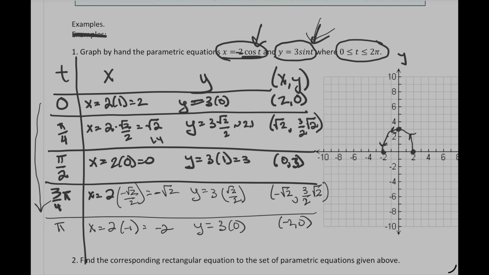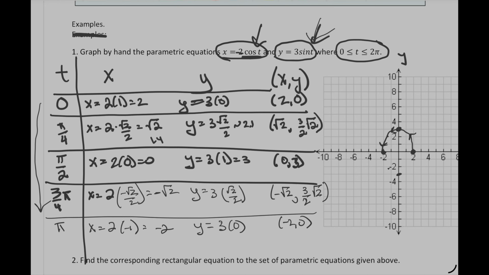Now, if I were to keep going and do 5 pi over 4, I am going to get negative root 2 and a negative 3/2 root 2. So we're going to have a point right there. If I'm going to do 3/2 pi, I'm going to get 0, -3.